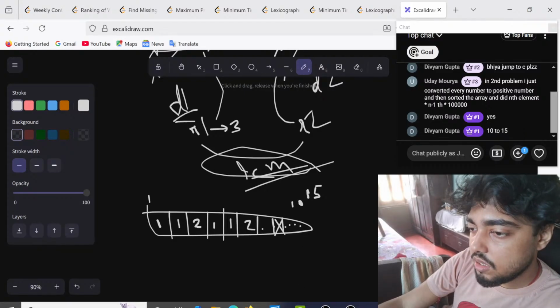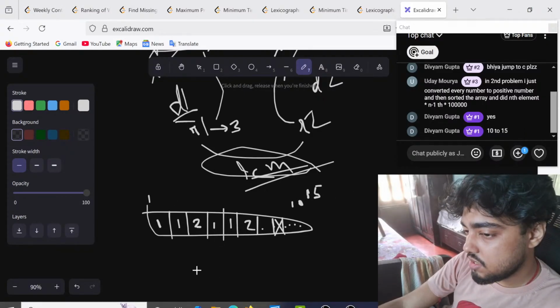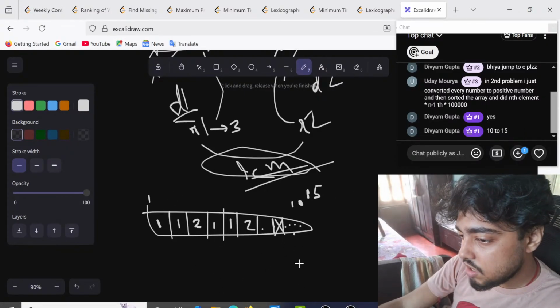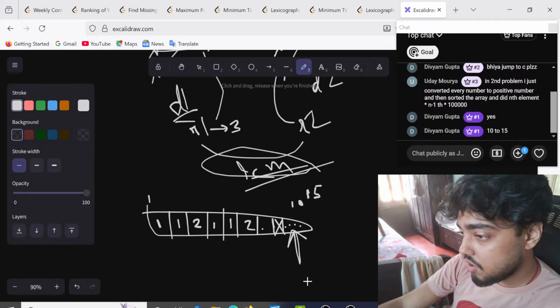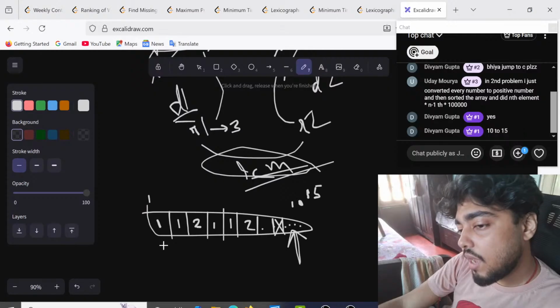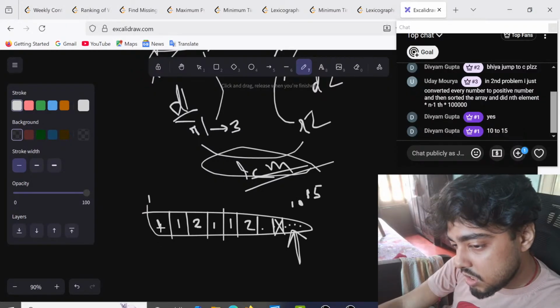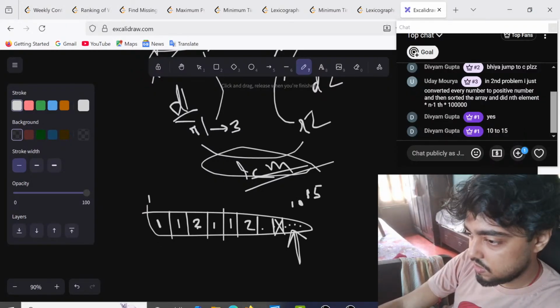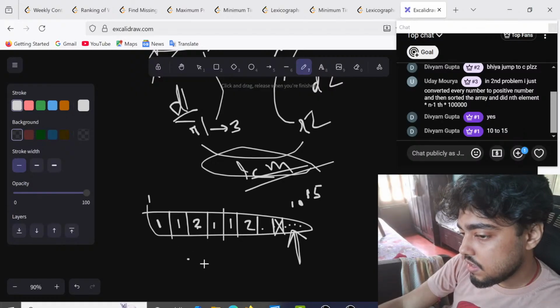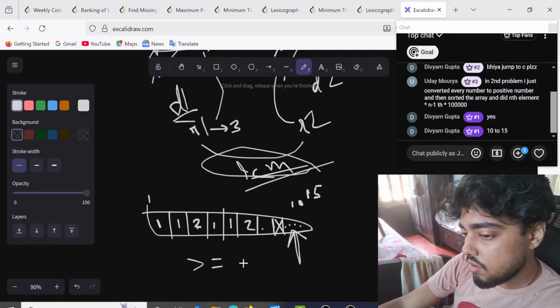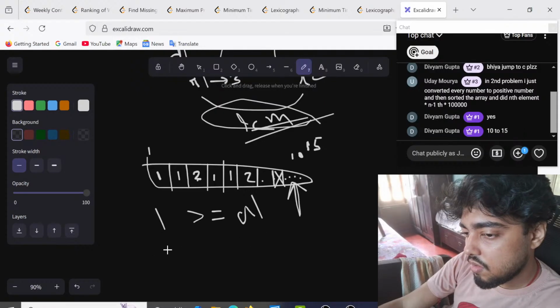That's fair. So if I binary search on this, I will reach some position. In that position, what I will try to do is give some positions to 1 and some positions to 2, and check that the number of 1s is greater than or equal to D1 or not, and the number of 2s is greater than or equal to D2 or not.